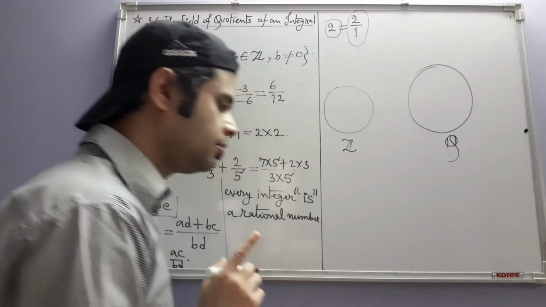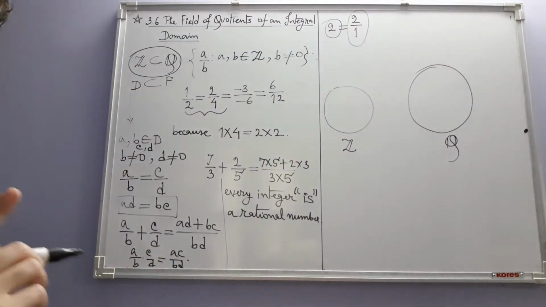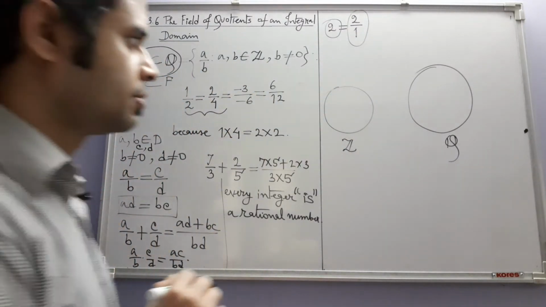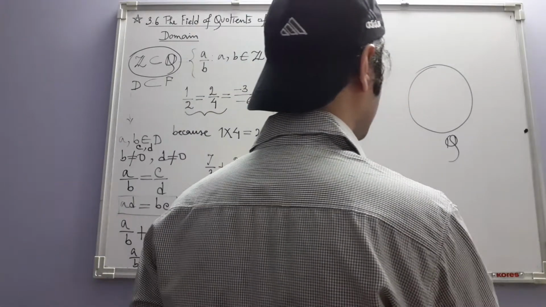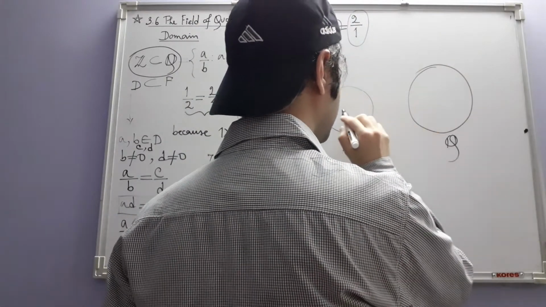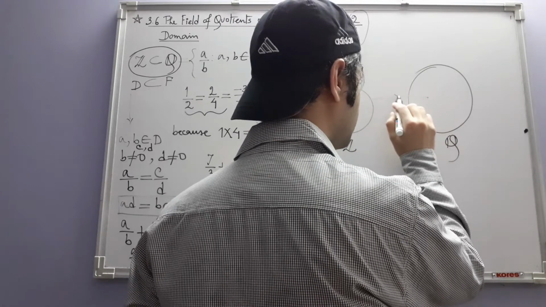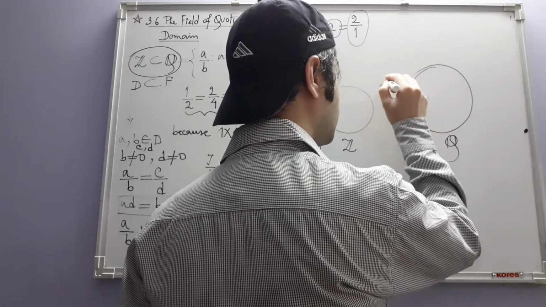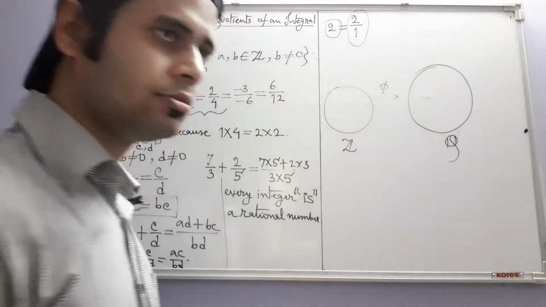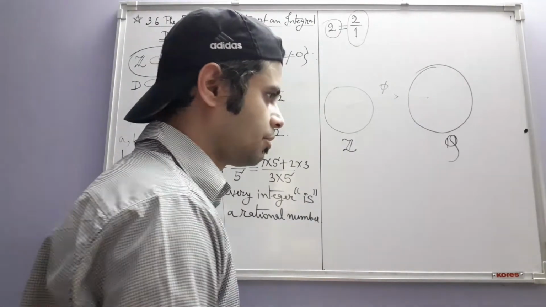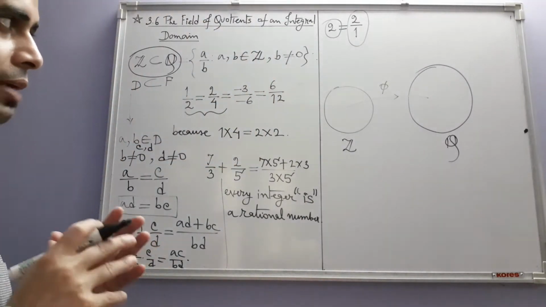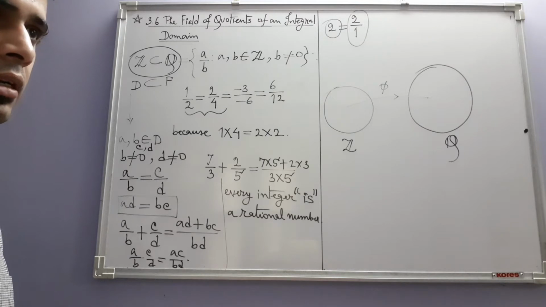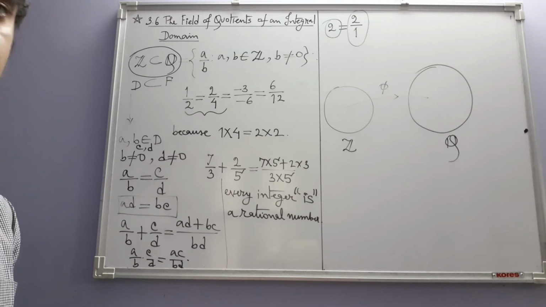Now, since we already know about isomorphisms, it can be shown that there is an isomorphism from this ring into this field. Now, if you recall, isomorphism according to Herstein is an injective homomorphism.